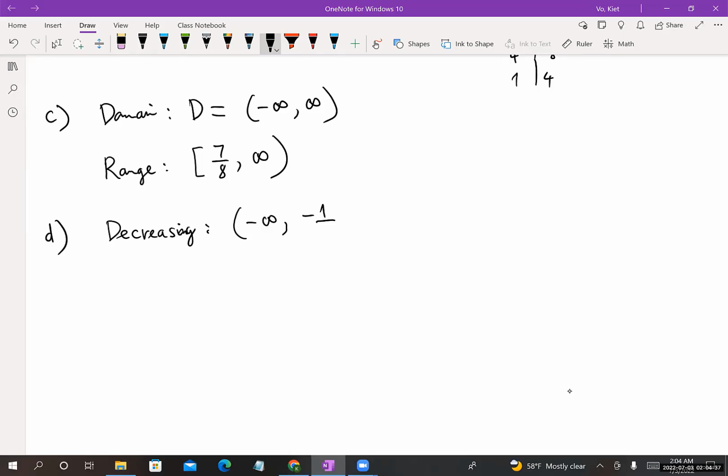Okay, this is negative 1/4, and then it's increasing on the interval from negative 1/4 to positive infinity, because you can see on that side of the parabola, the shape is rising up, so it goes down like this, and then it's going up like that.